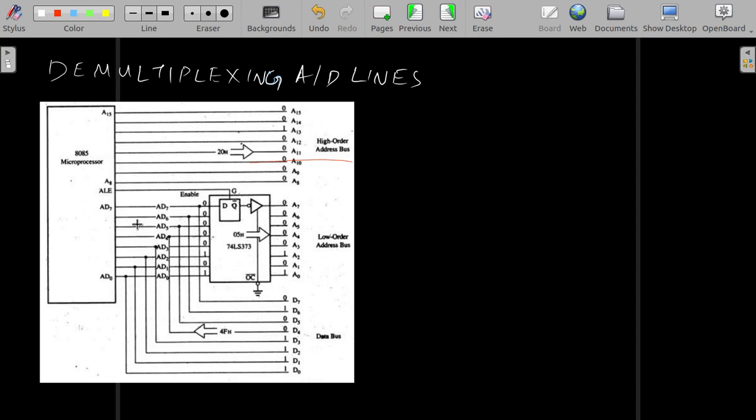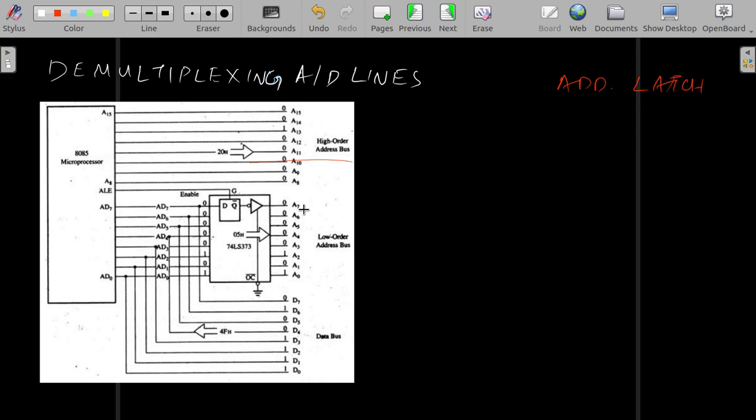We are connecting these lines to the input of a latch. What is a latch? A latch is a memory element, a memory unit, which retains whatever data is given at the input at the moment when it is activated. So suppose we give some information here and we enable the latch, that will come to the output.